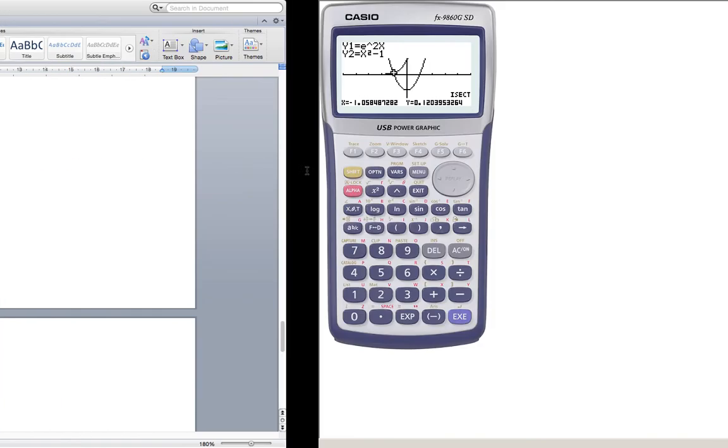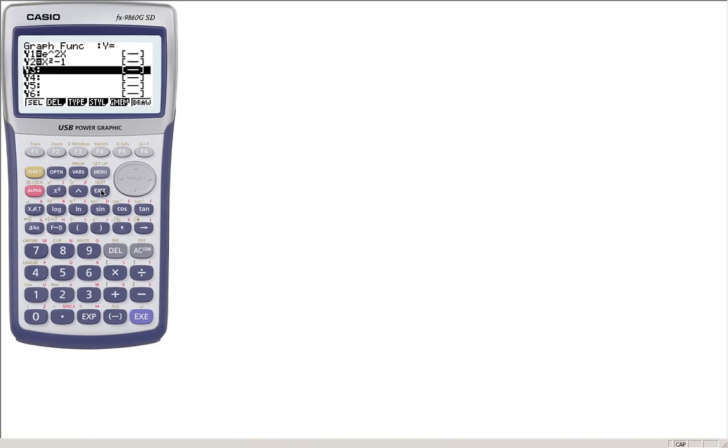Okay, how do we draw this? So let me exit, delete this as well. Okay, so let me put sine 2x. Since it is a trigonometric function, I'll change the scale.